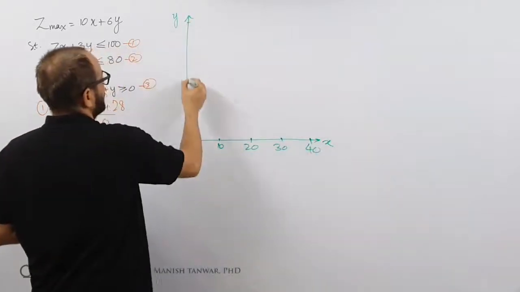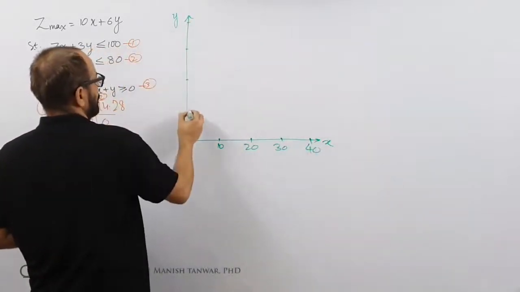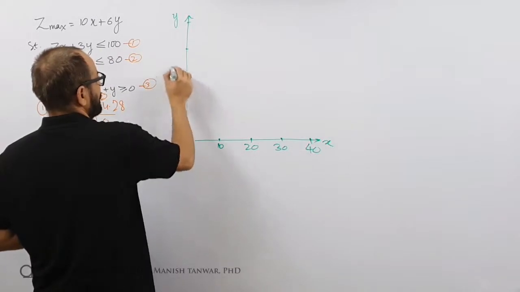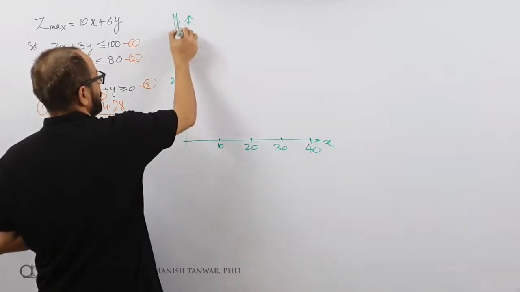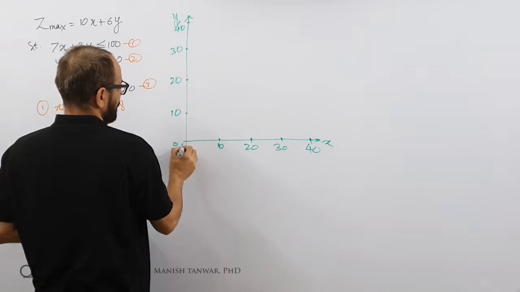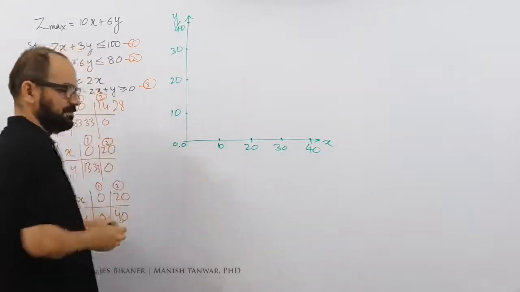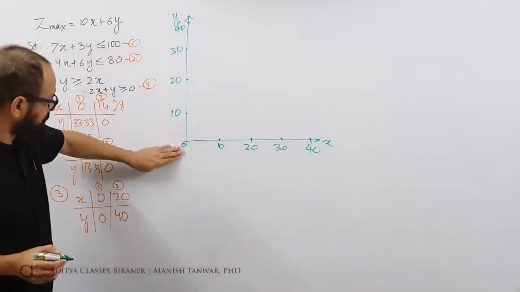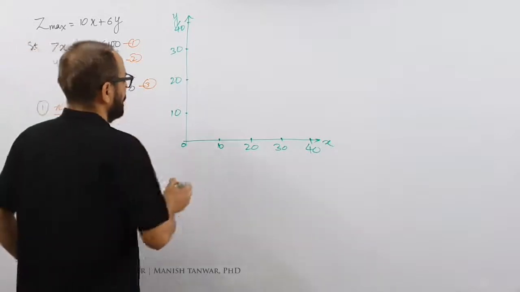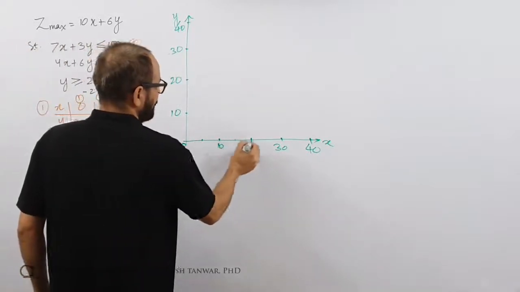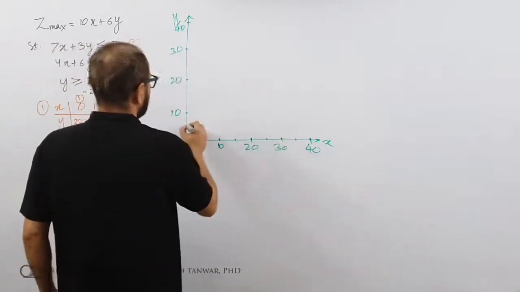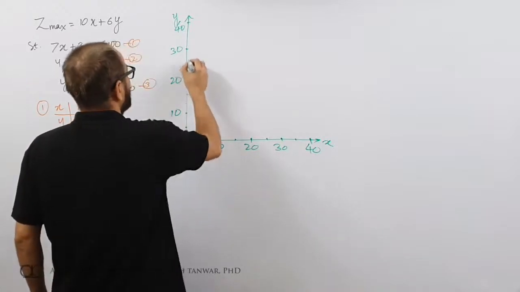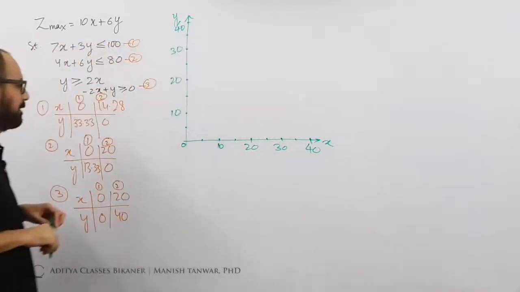Here also let me take an axis where I can get 10, 20, 30 and 40, giving me my origin 0. And then half of these will give me 5, 15, 25 and 35.